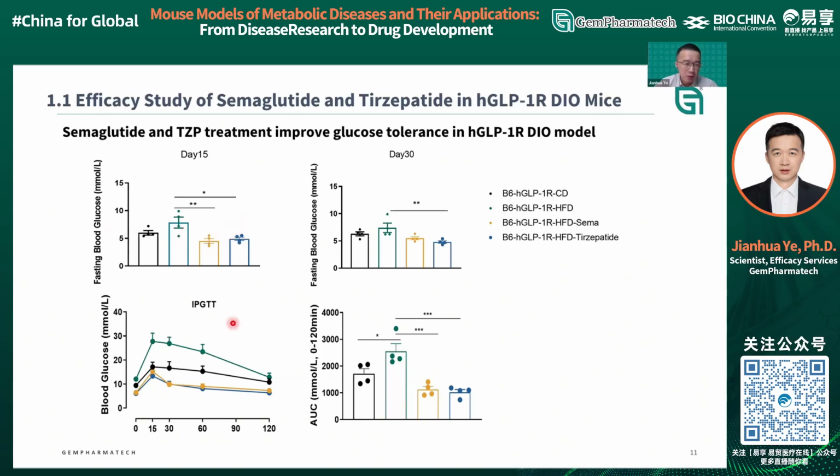Also, if the mice are fed a high-fat diet, their glucose tolerance is impaired. But after treatment with semaglutide and tirzepatide, their glucose tolerance is improved a lot.